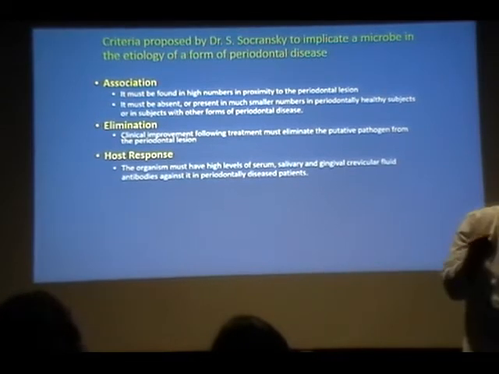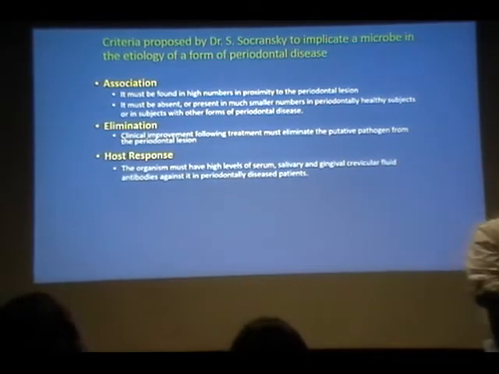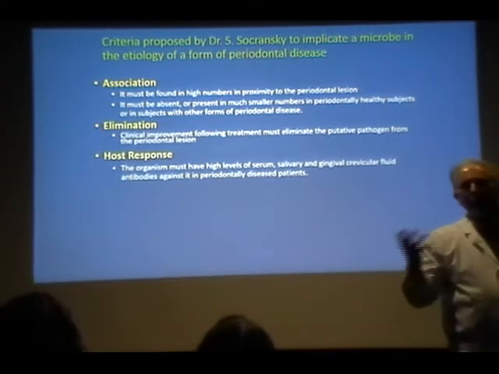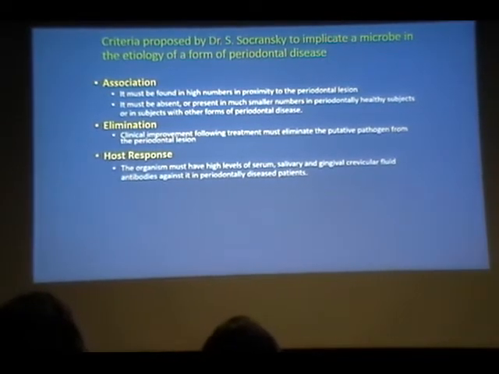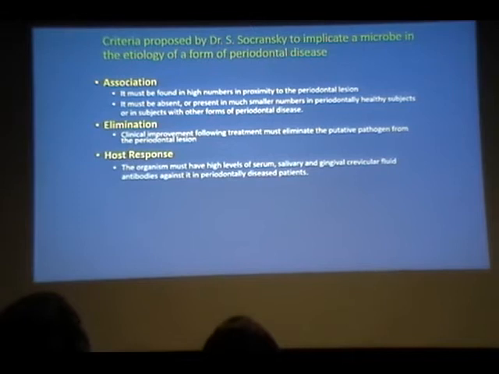If you isolate that fluid, you will see a huge amount of really neat stuff, some of which are antibodies, others are PMNs, residual products of PMNs. And as the disease gets more serious and the pocket gets deeper, you get a lot more of this crevicular fluid. So the host responds to these organisms by generating antibodies. So you expect to see higher titers of these antibodies against a particular organism.